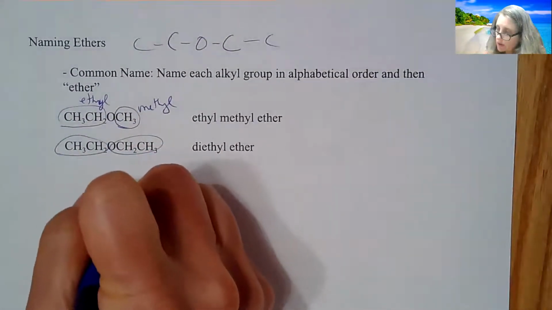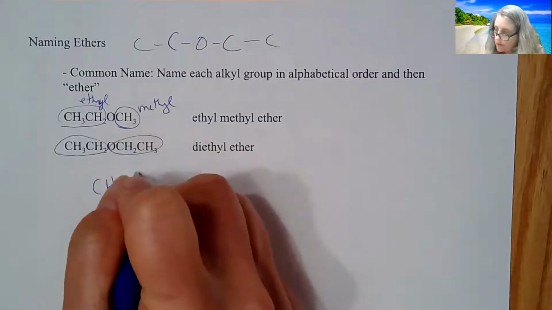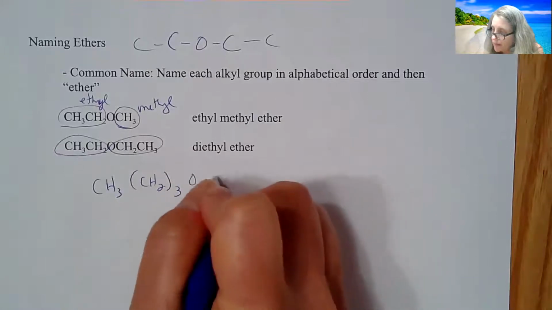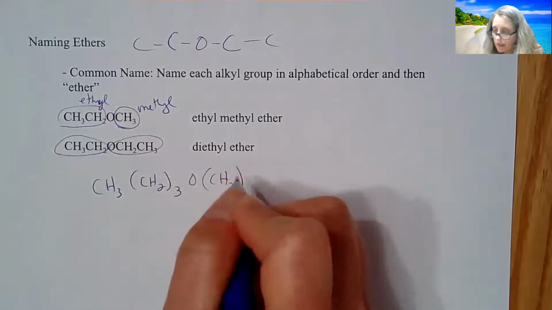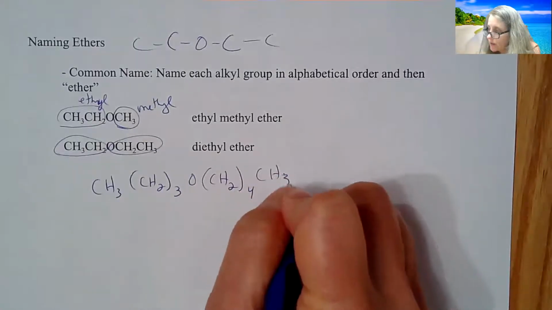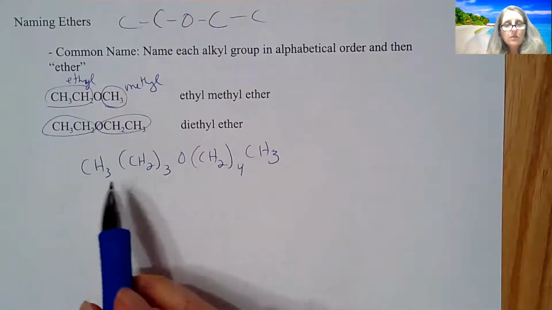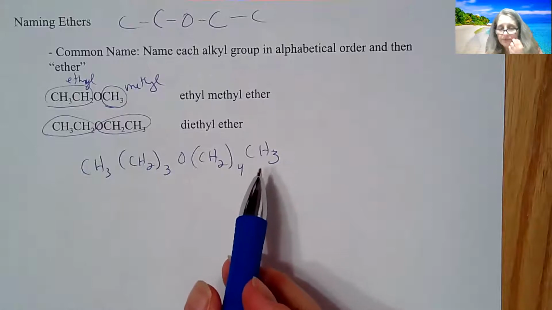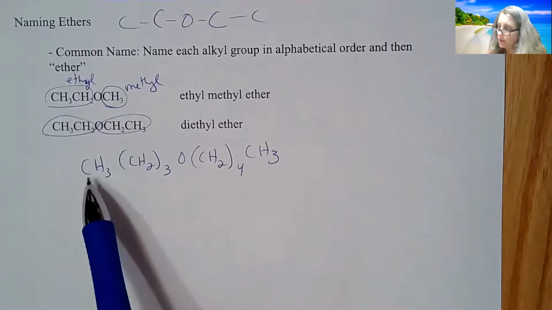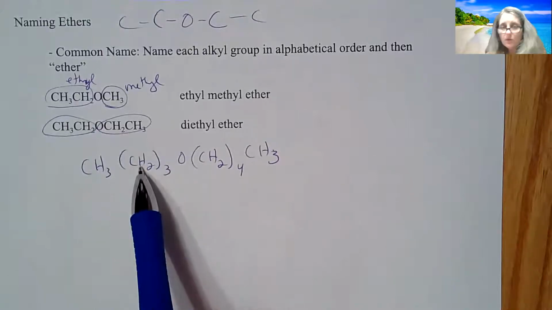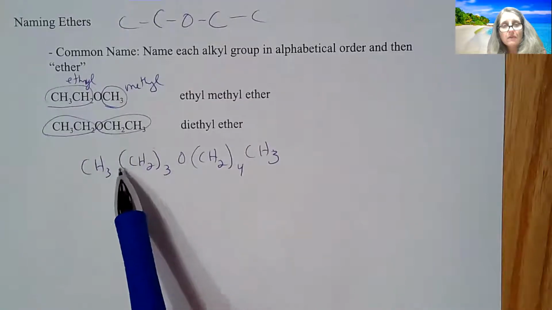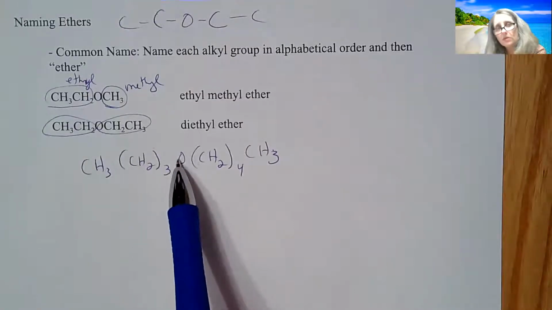So sometimes what you're going to see with ethers is more of a condensed formula because you could put so many carbons on one side or the other. Okay, so copy down this formula here. If I put parentheses around a CH2 group and I put a number on the outside, that just means it's repeating CH2, CH2, CH2.